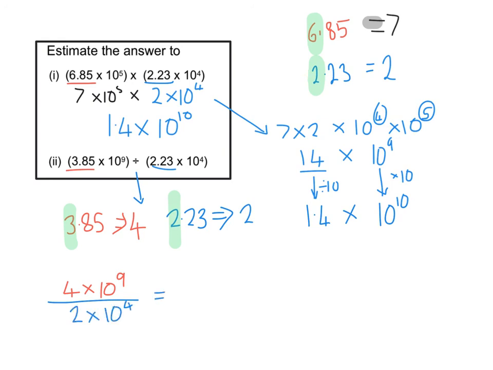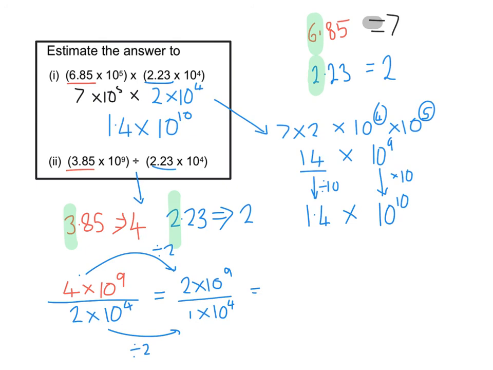So now I think, well, I can divide both the top and the bottom by 2. If I divide the top and bottom by 2, 4 divided by 2 is 2 times 10 to the power of 9. And then 2 divided by 2 is 1 times 10 to the power of 4.